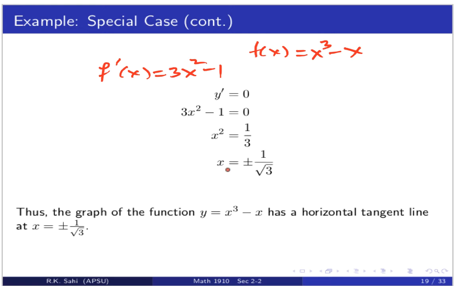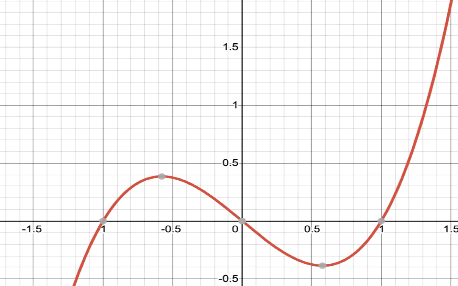X squared is 1/3. X is plus or minus 1 over square root of 3, which, if you notice, is plus or minus 0.577. So the graph of the function y equals x cubed minus x has a horizontal tangent line at 2 points. Graphically also, we have seen that here, this point and this point.